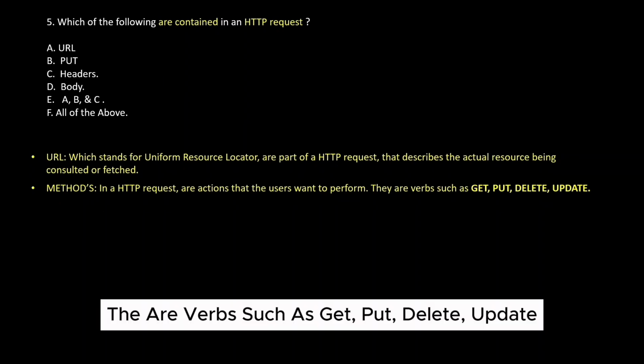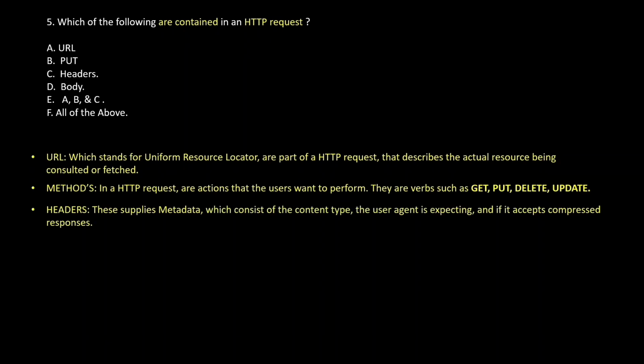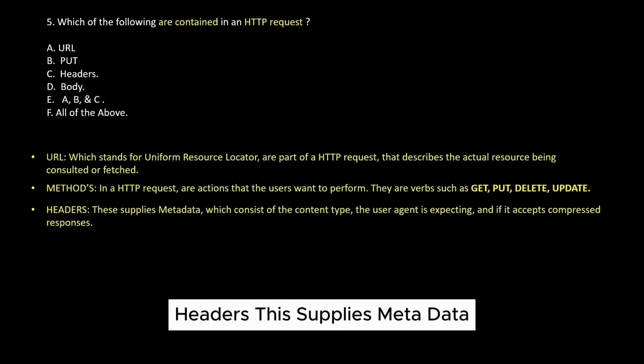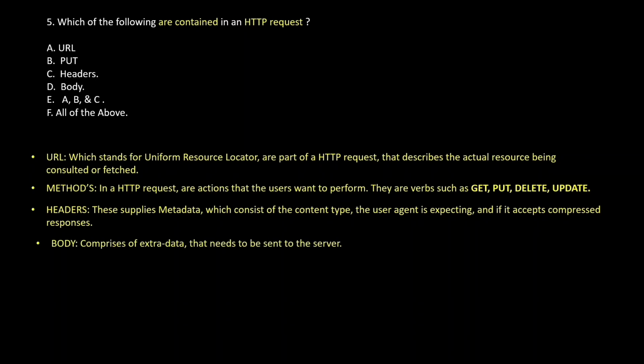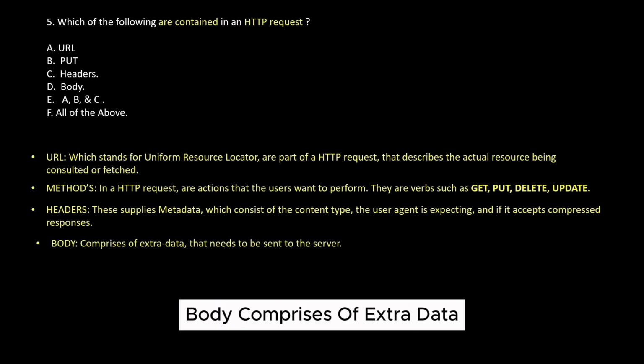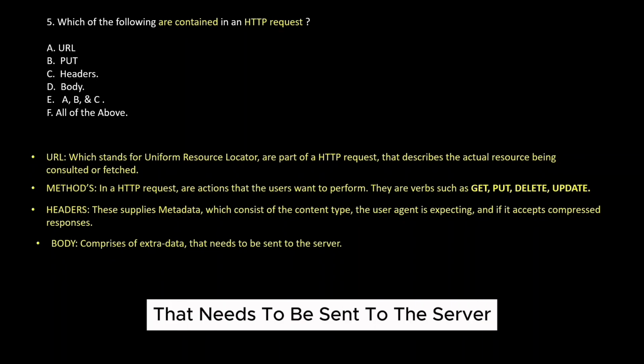They are verbs such as get, put, delete, update. Headers supply metadata, which consists of the content type the user agent is expecting, and if it accepts compressed responses. Body comprises extra data that needs to be sent to the server.